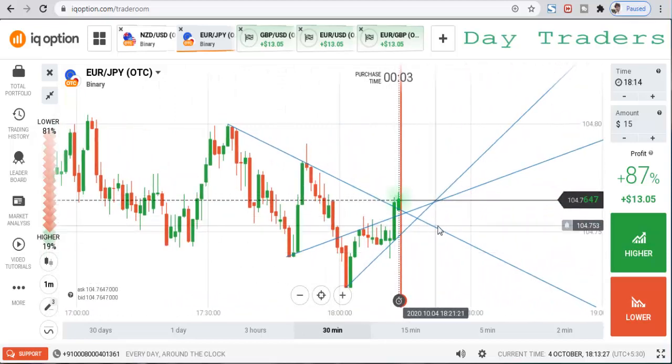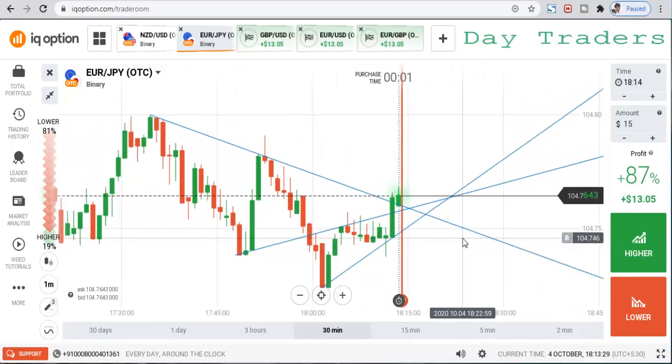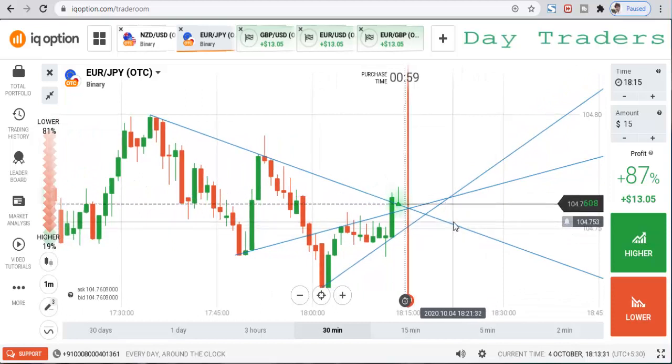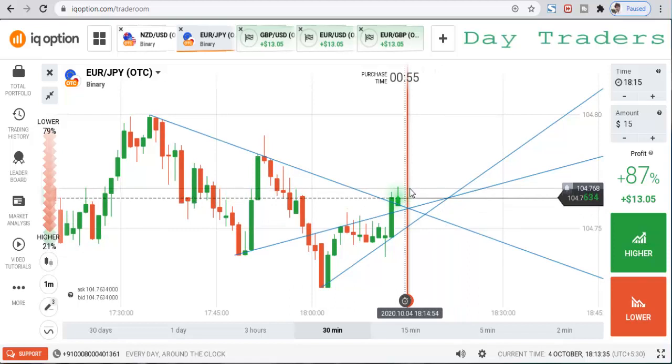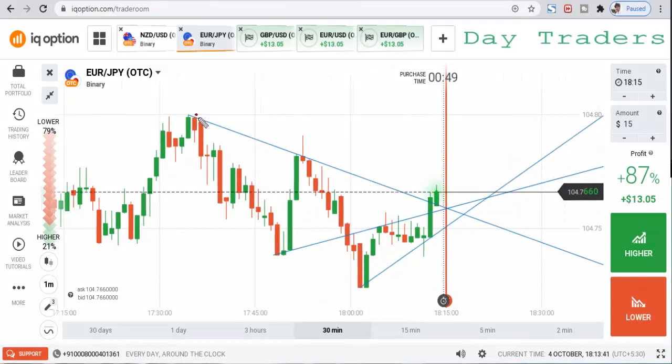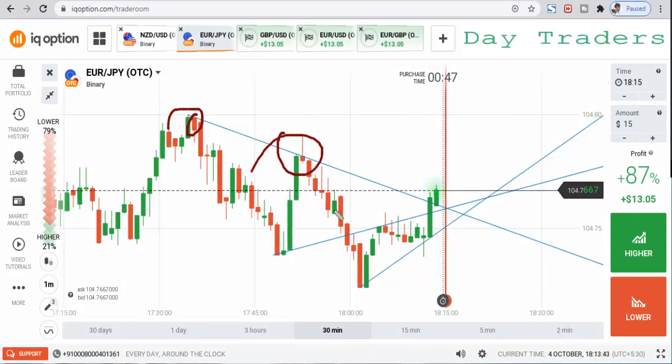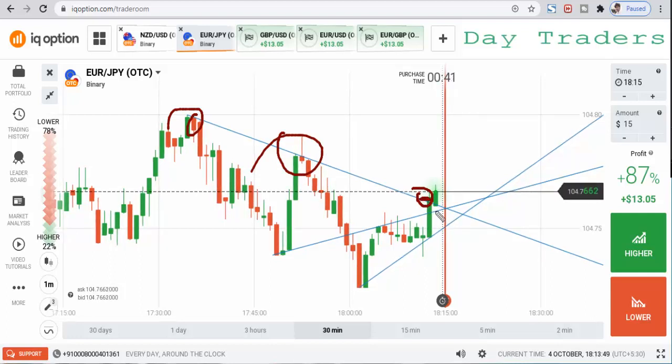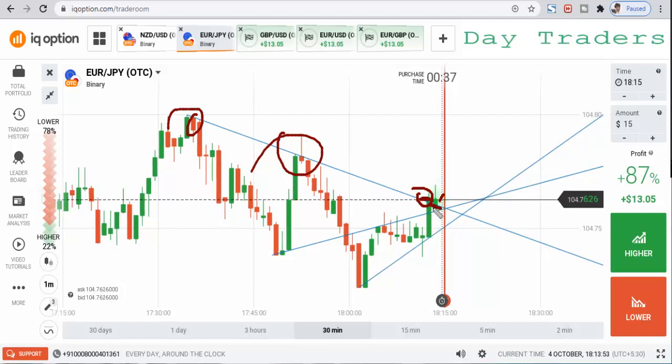Okay, it breaks the level. This is a seller's area and this is a seller's area and this is also a seller's area, and this candle closes at the resistance level, but this candle's opening point is at the buyer's area.